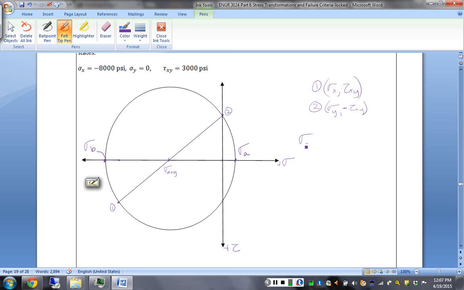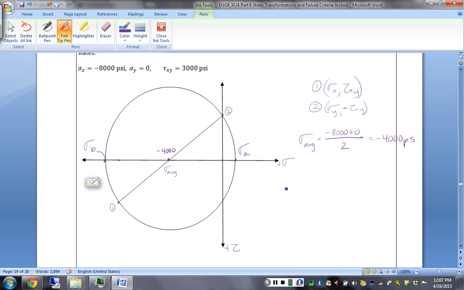We need a few quantities. The average normal stress is sigma x plus sigma y over 2, and that is minus 4,000. So we know that this location is minus 4,000.